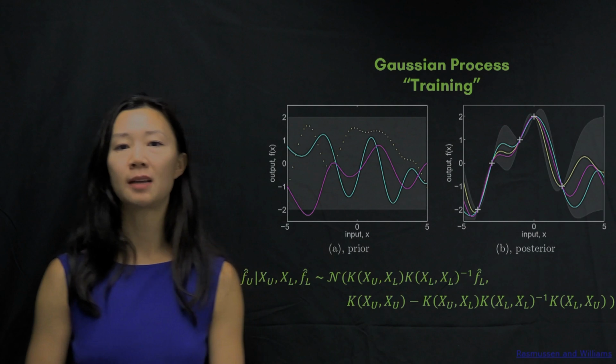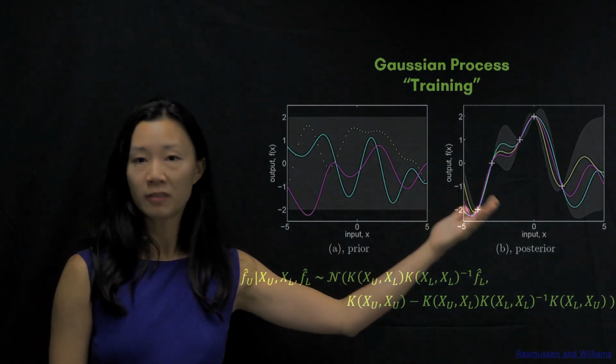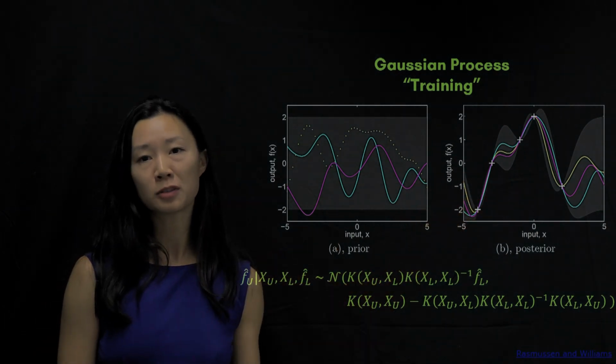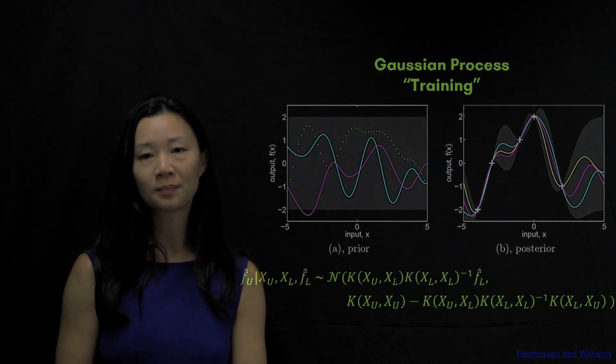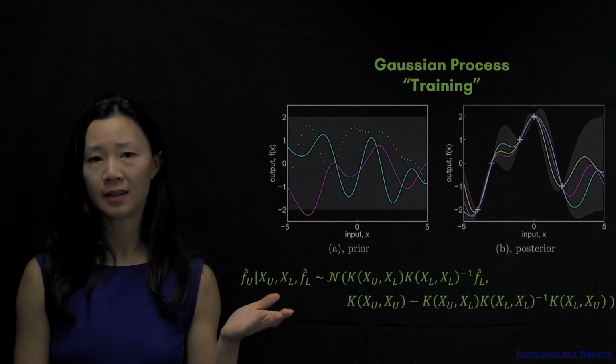Now let's say you get some data. Let's say that you get these 5 data points represented by those crosses. Well, the update, the posterior, will look something like this.